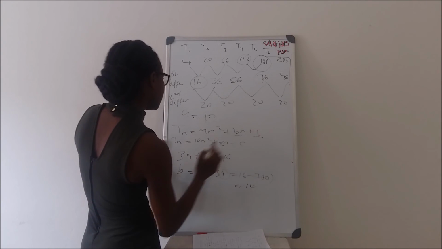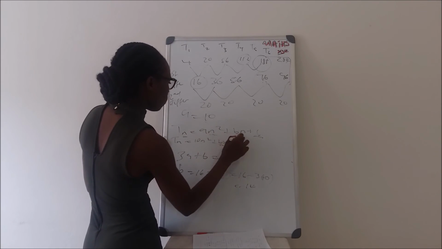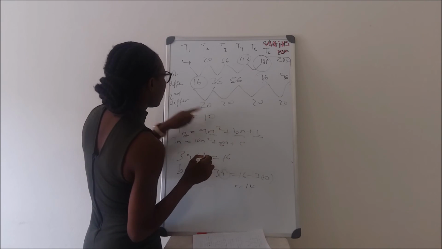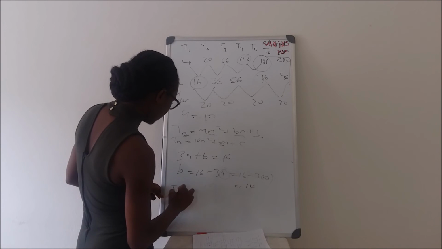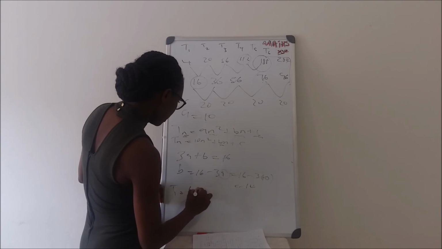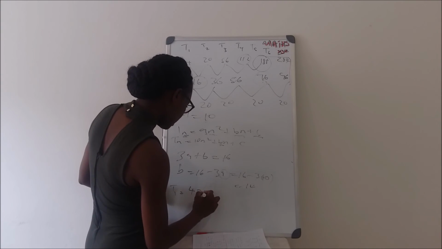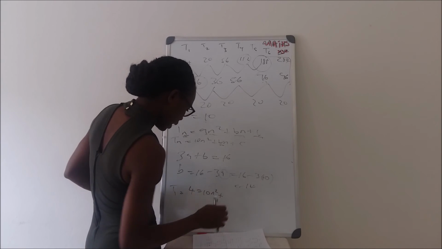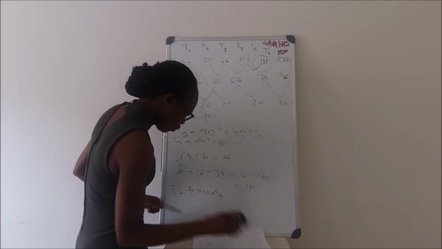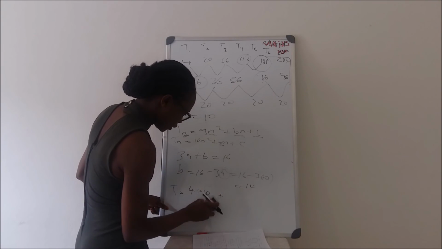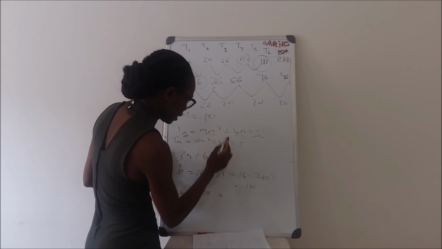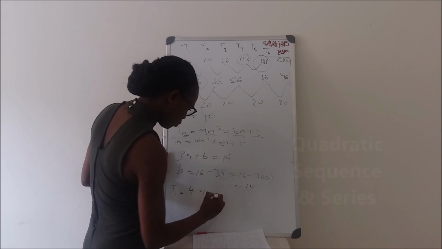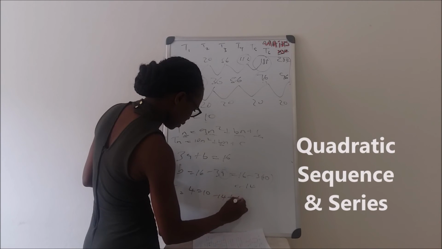Right. And to get c, let's substitute term 1 into this expression. So T1 equals 4 equals 10n squared, of which n squared, 1 squared, is actually 1, so that will just remain as 10. 10 plus our b, negative 14, multiplied by 1 because it's term 1, so minus 14, and then plus c.